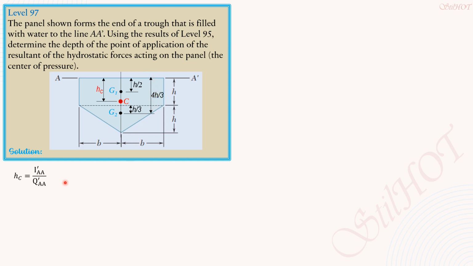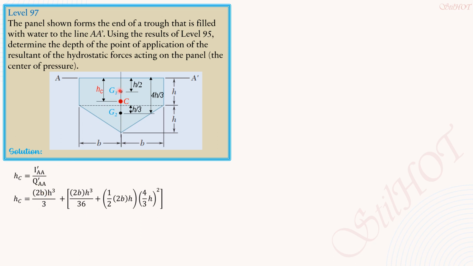So h sub c is equal to 2b h cubed over 3 for the rectangle, plus, for the triangle, 2b h cubed over 36 plus area 1/2 of 2b times h times (4/3 of h) squared, divided by Q_AA'.